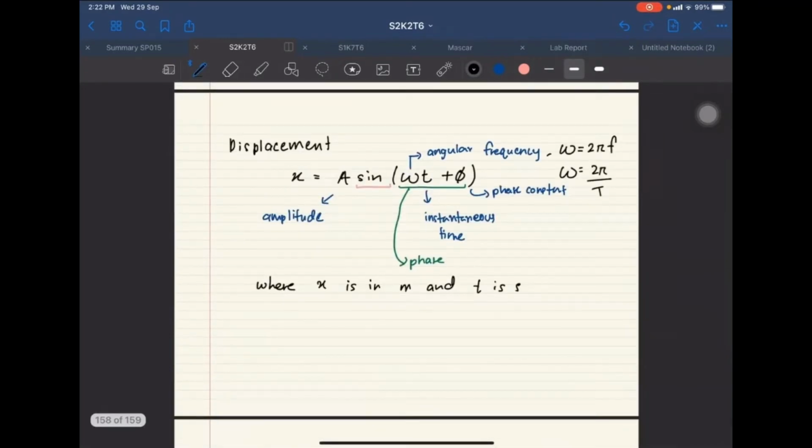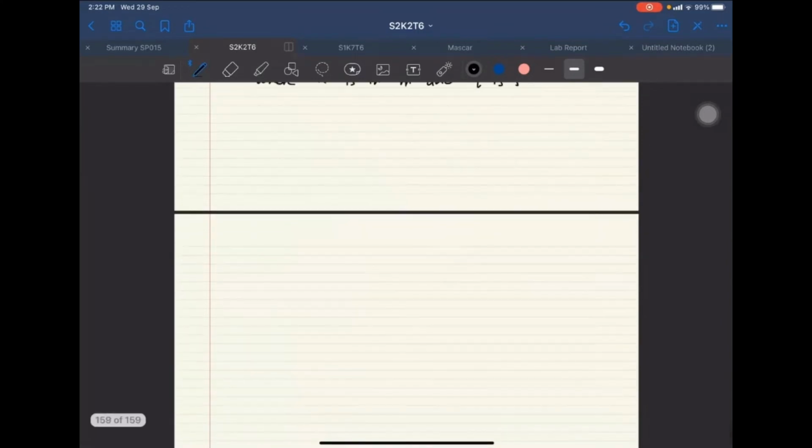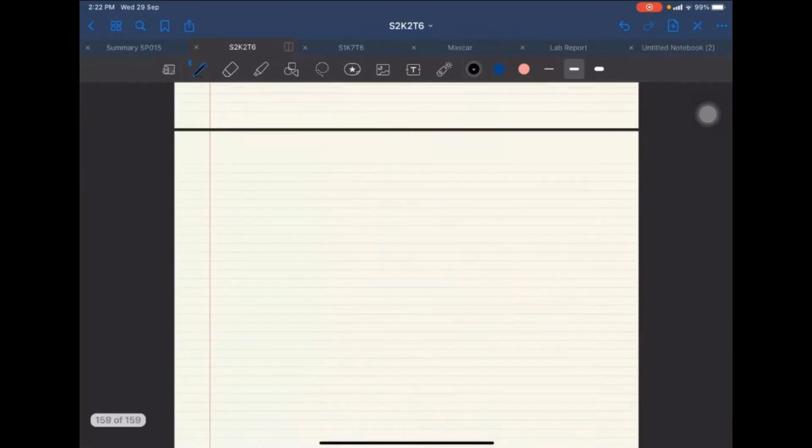Okay, so this is about displacement. How do you want to relate displacement with velocity? Chapter 2, velocity dengan displacement. Apa kaitan dia? Macam mana nak kira velocity? Differentiate. Yes.